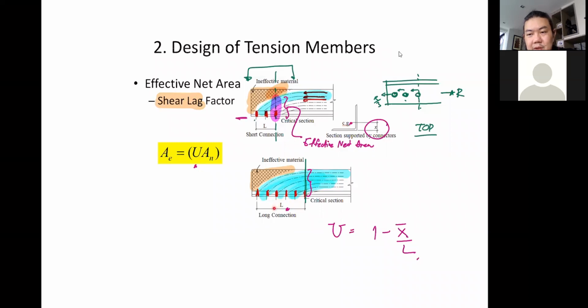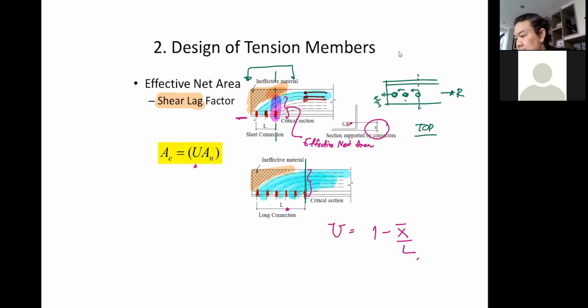You can think of yourself driving a car and having to make a sudden turn: the turn is not very clean, and this one is a clean turn. If the connection is long enough, you can shift the critical section away from the area where your material becomes ineffective.